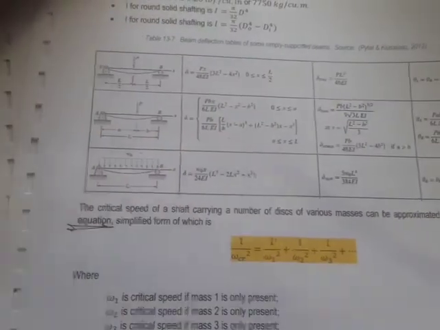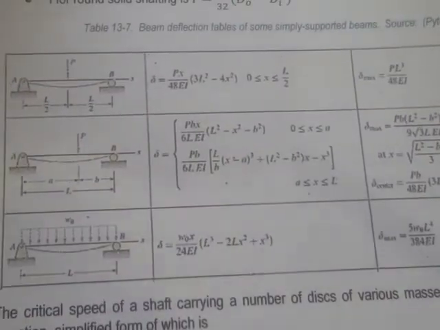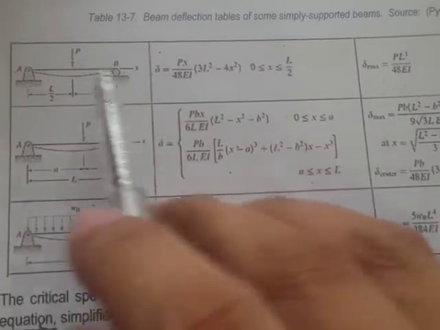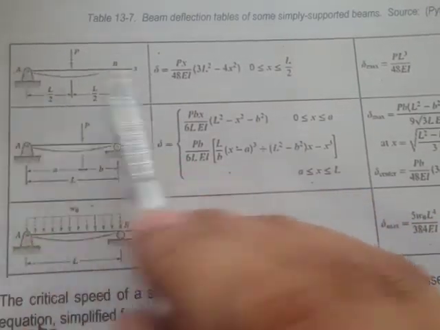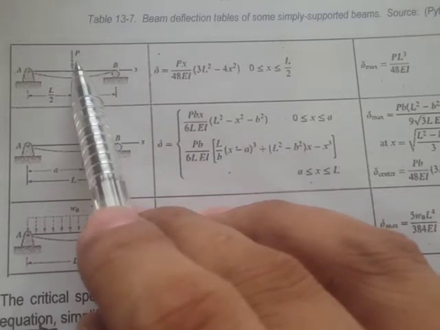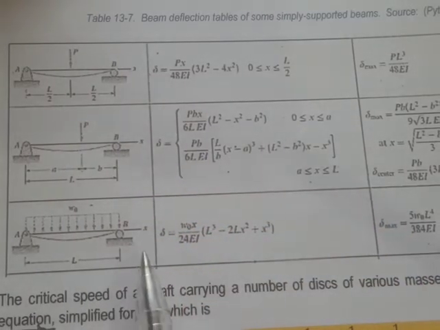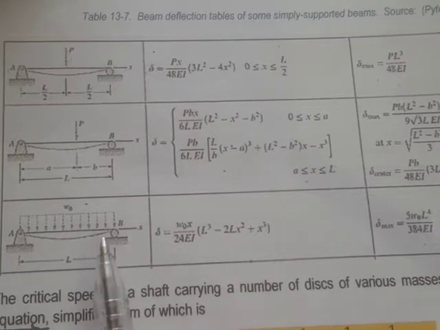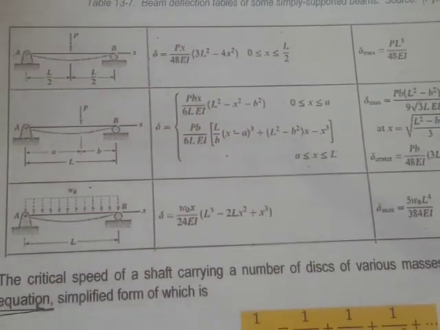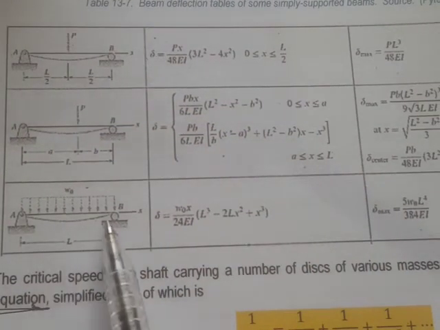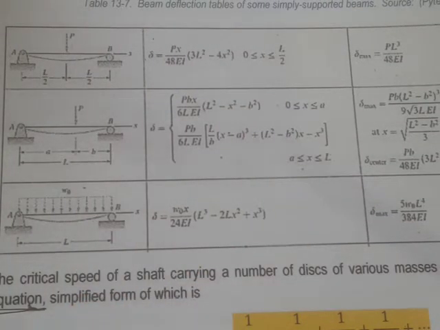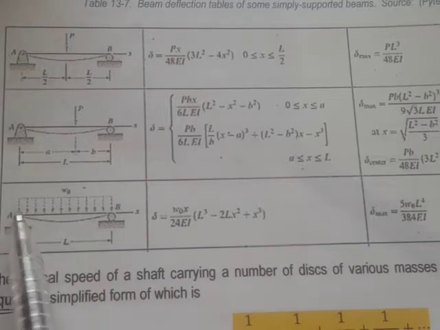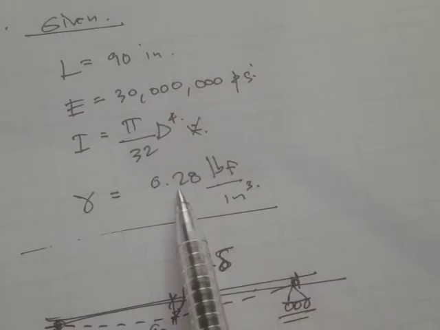In our lecture handouts, we first check the figure, whether it is simply supported, and whether it has concentrated loads or uniformly distributed loads. Since we don't have any rotating disc, we don't have any concentrated forces, and we only have uniform loadings from the weight, because what's given is the weight density.